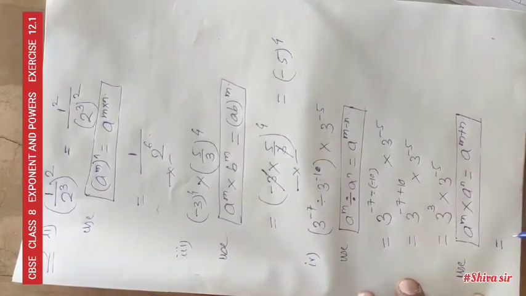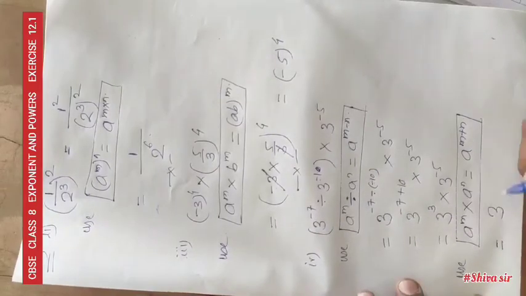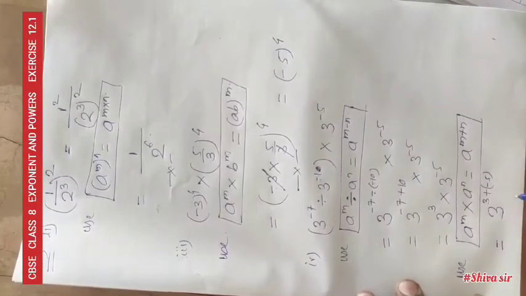So using this formulation here, what is the value of a? Just 3 as it is, and 3 plus minus 5. Because this 3 is positive, according to the formulation our sign is positive. And what is the value of n? Minus 5. So whenever you see two continuous signs, make a bracket to the second sign.